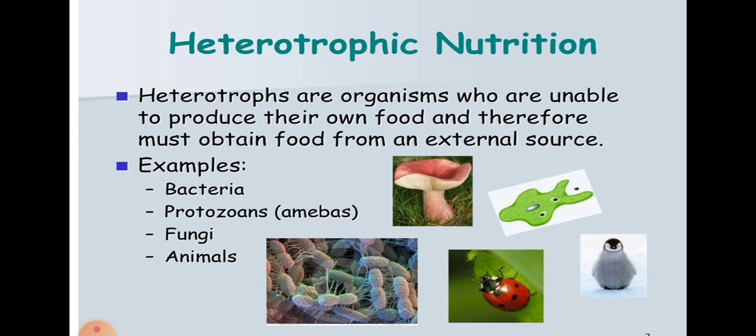Organisms which cannot make food themselves by the process of photosynthesis and take food from green plants or animals are called heterotrophs, and their mode of nutrition is called heterotrophic mode of nutrition.